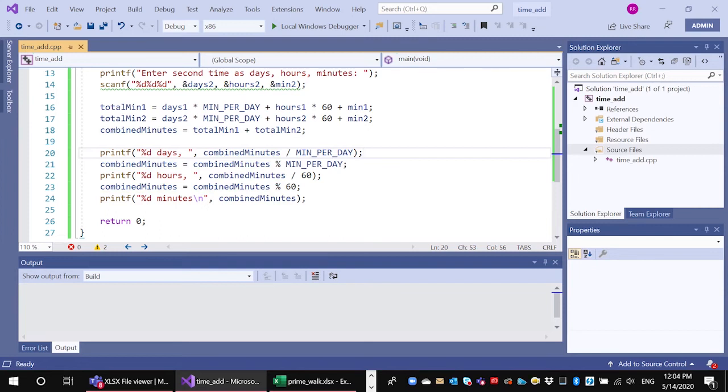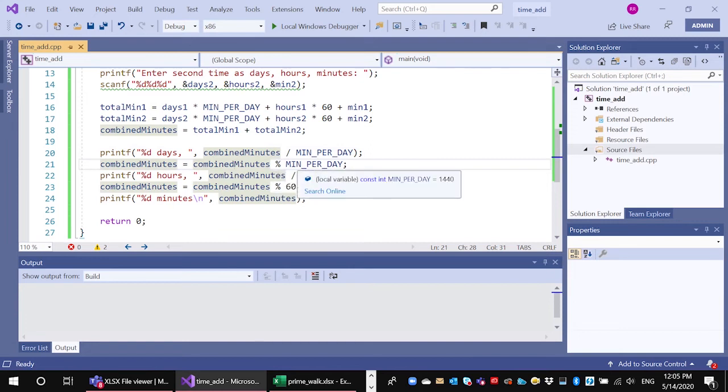But it probably didn't work out precisely. So there may be something left over. And that amount left over is a bunch of minutes that didn't get accounted for in those number of days. To find those, I can use a really good trick using modulus. I say my combined minutes is my old combined minutes modulus minutes per day.